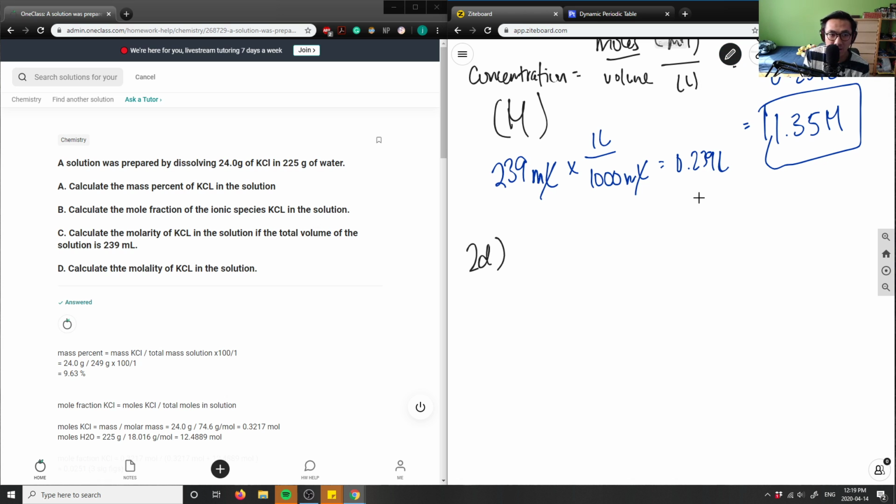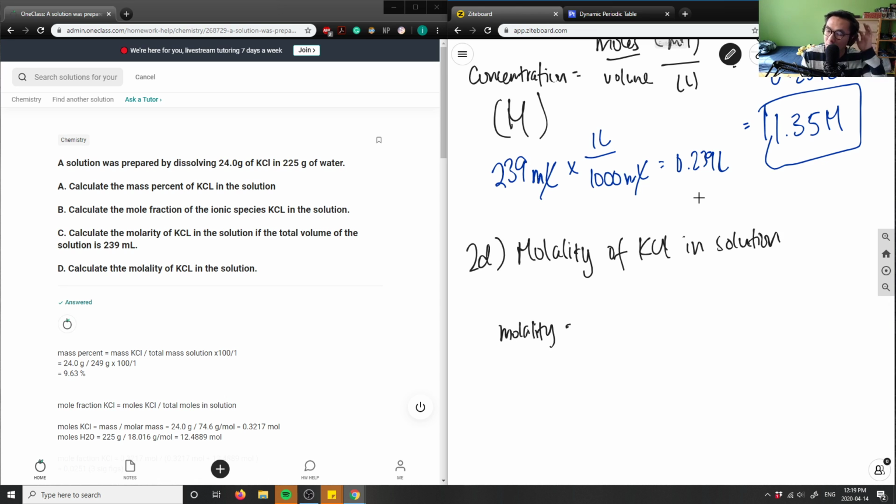It's 2D. It's asking us the molality of KCl in the solution. So let's talk about this concept of molality. What is molality? We know that molality is a small m, but not to be confused with mass. So I'm just going to write it out.